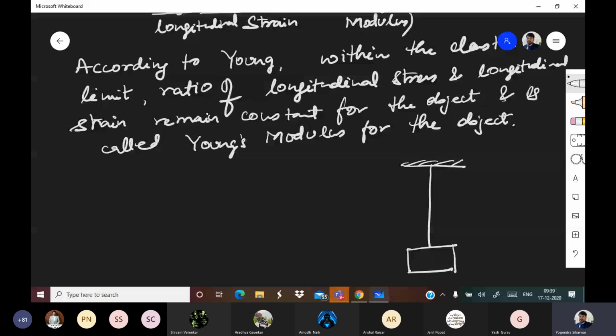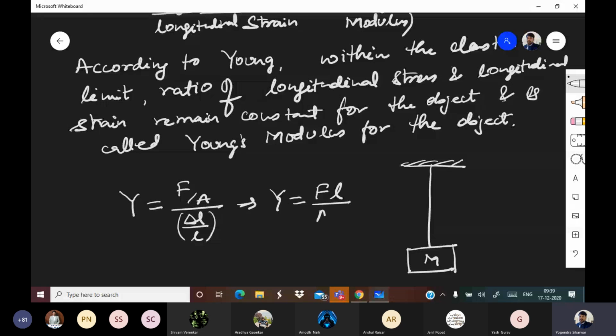Now Y is Young's modulus, and that will be F upon A, because that is stress, and strain will be delta L upon L. So Y is equal to F upon A upon delta L by L. So that becomes Y is equal to FL upon A delta L. So this is your Young's modulus for this case.